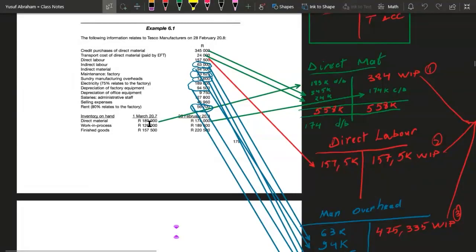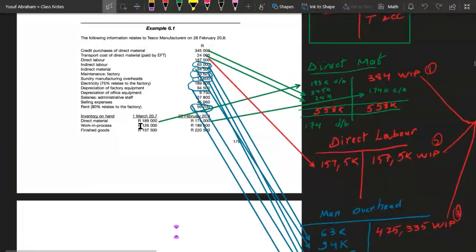Direct material that was left from last year is 189. That's why you see this as being the beginning balance for the direct material. So the beginning balance plus the credit purchases plus the transportation will form part of the direct material cost.